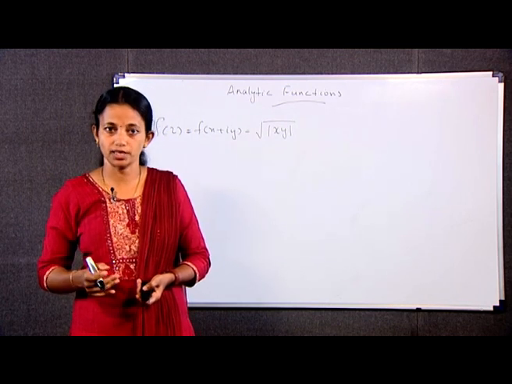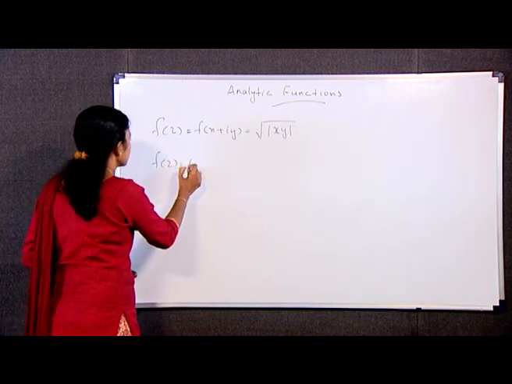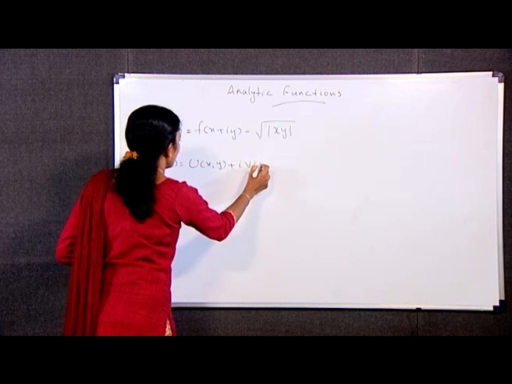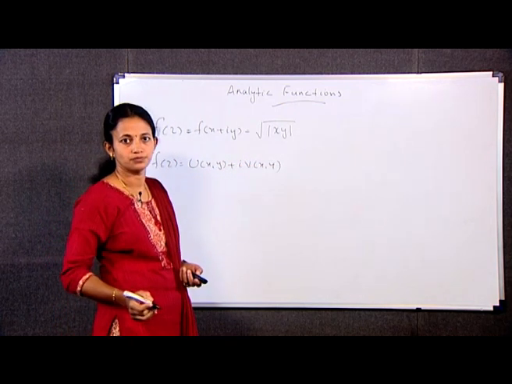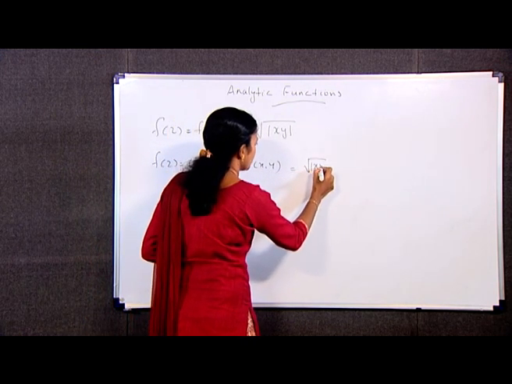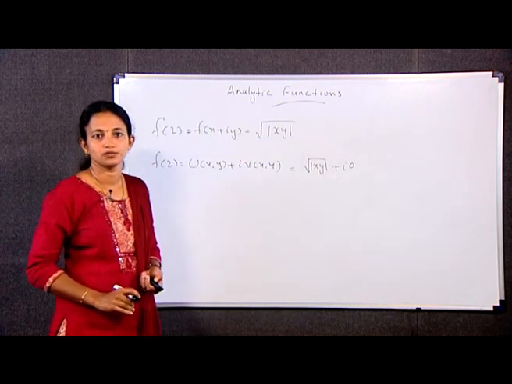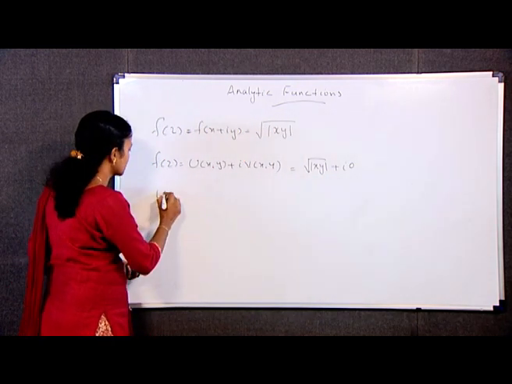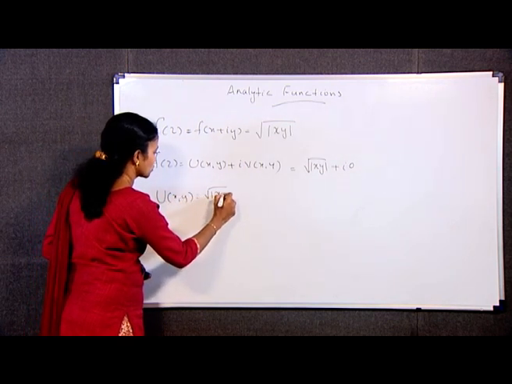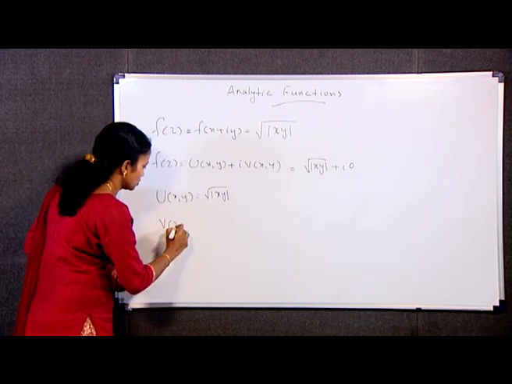We write the function as f(z) is equal to u(x,y) plus i v(x,y), which is the square root of mod xy plus i0. So u(x,y) is the square root of mod xy, and v(x,y) is equal to 0, of course.